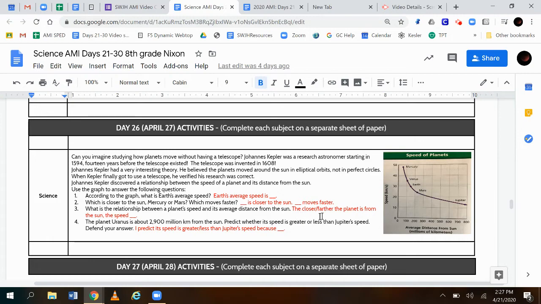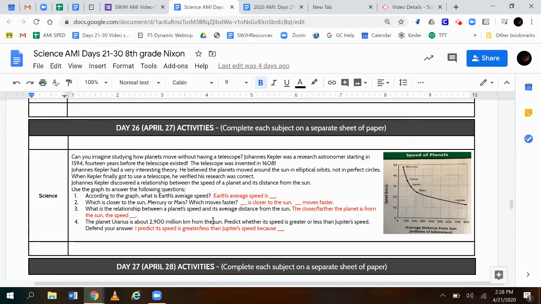It says the closer or farther the planet is from the sun, the speed, I would think that would be increases or decreases, since we're looking at speed and it's going from slow to fast. So basically, they're looking for another pattern here, okay?